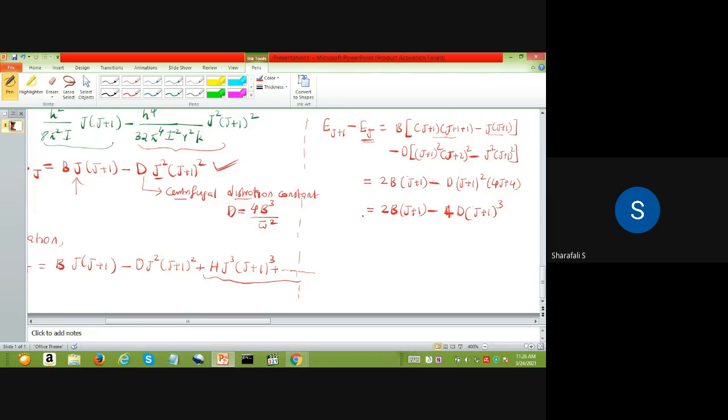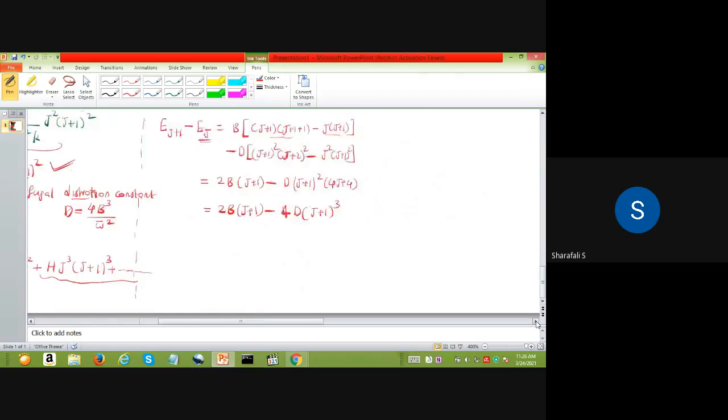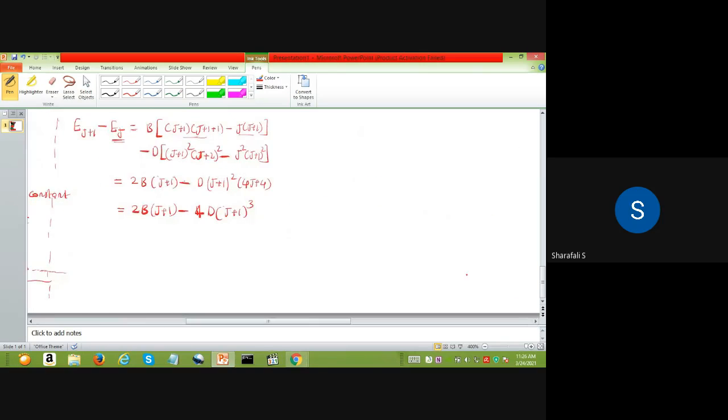And if you draw this particular energy level for this non-rigid rotator case, then we have the energy levels.